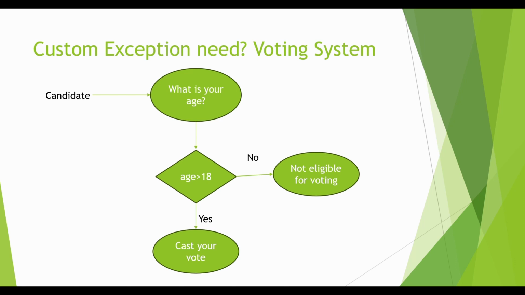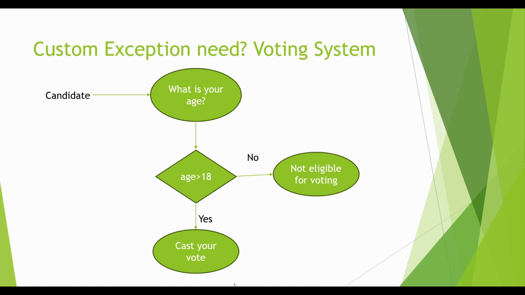We have one requirement wherein we need to develop a voting system, wherein the user will be entering an age. The candidate will come, and as soon as he enters his age, we need to validate it. If age is greater than 18, then he is eligible for voting and he can cast his vote. In case he is not eligible, meaning his age is less than 18, then he won't be able to cast his vote.